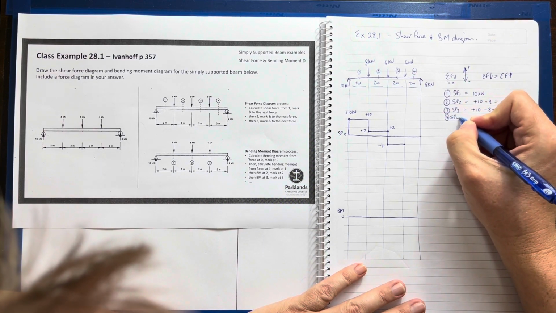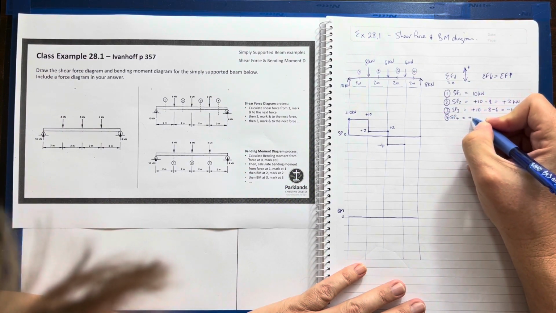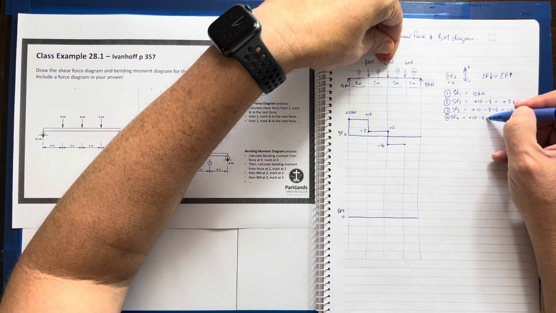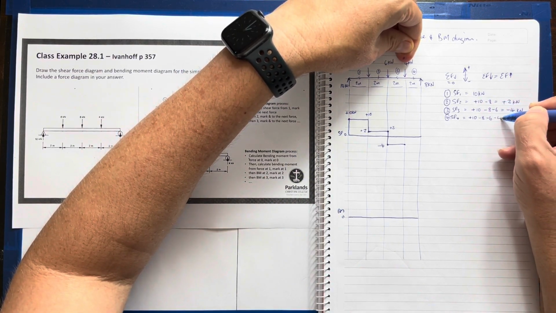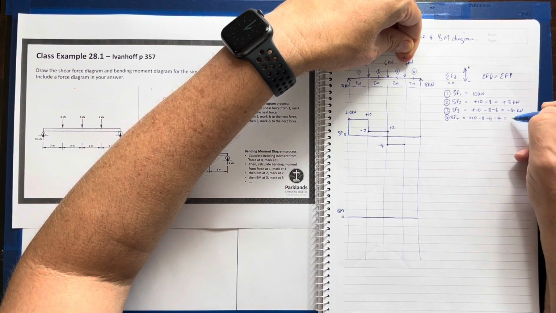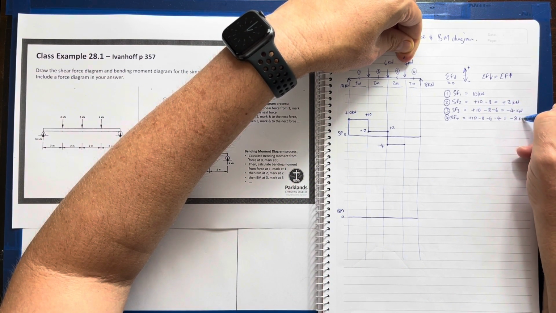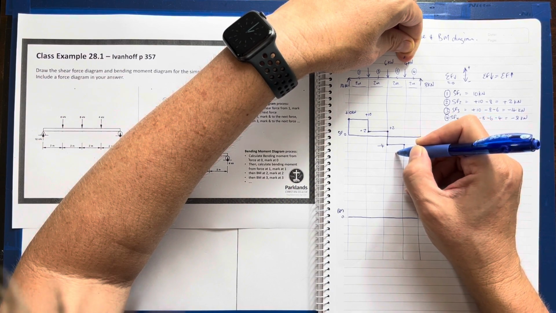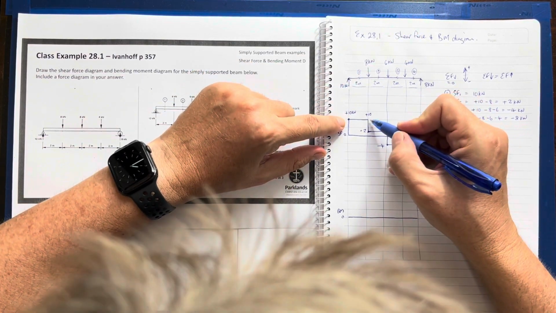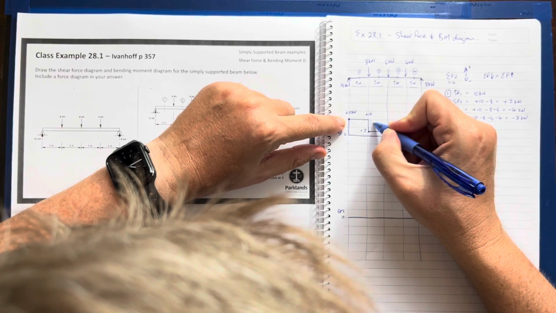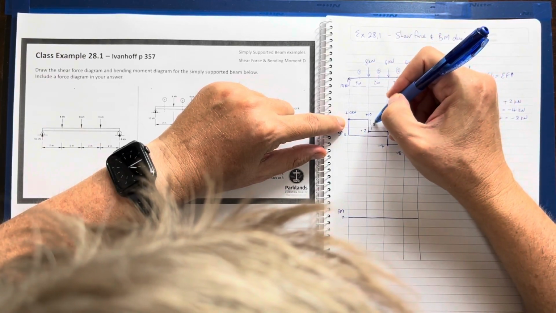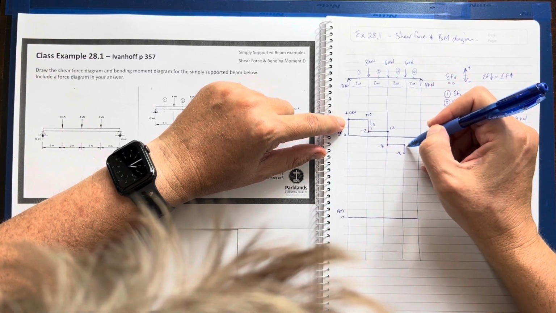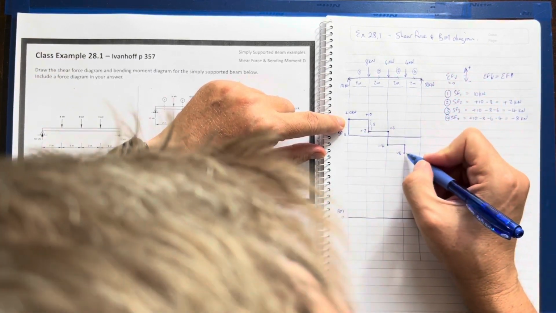My shear force at point 4 is going to be plus 10, minus 8, minus 6 because it's going down, minus 4 as well. So that's going to be minus 8. I go down an extra 4. And you can see it pretty simply. This is 8, my force downwards. This is 6, my force downwards. There to there is 4, my force downwards.